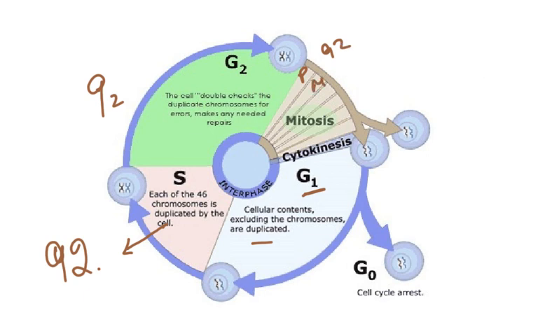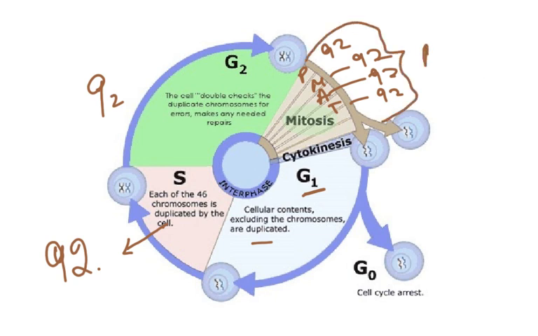In metaphase, they remain 92. In anaphase, they remain 92. Then in telophase, they remain 92. So they will remain 92 in all these different stages: prophase, metaphase, anaphase and telophase. And this, of course, is the mitosis, which is the nuclear division.